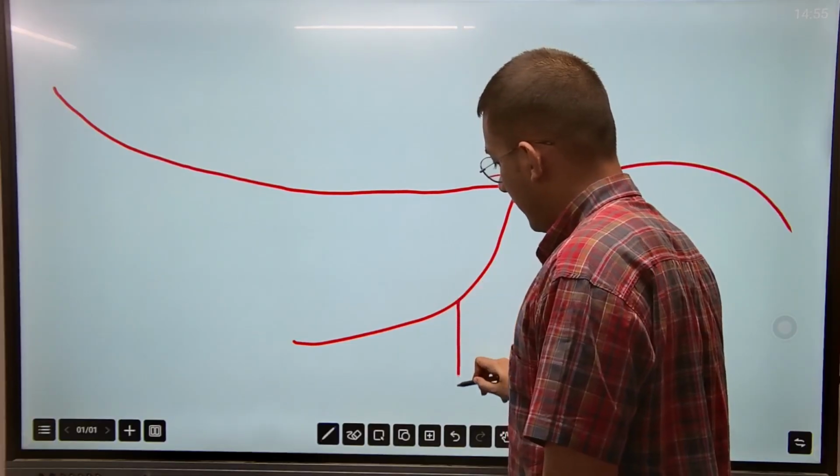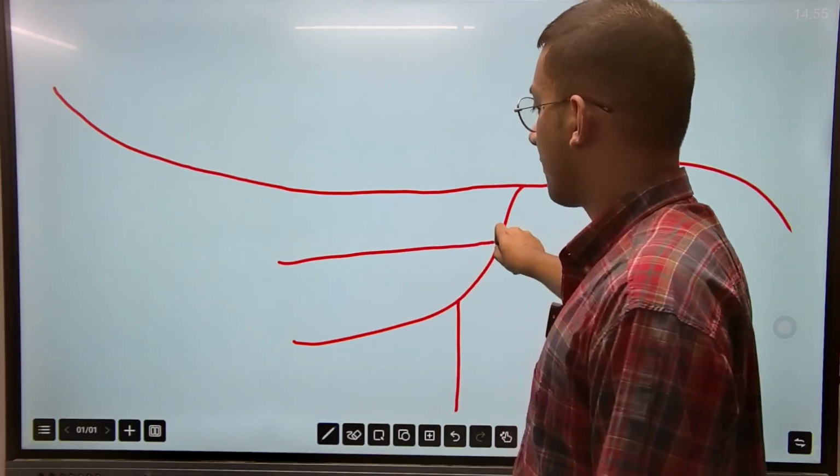This is a river joining in at 90 degrees, and this is running parallel to it. Right?